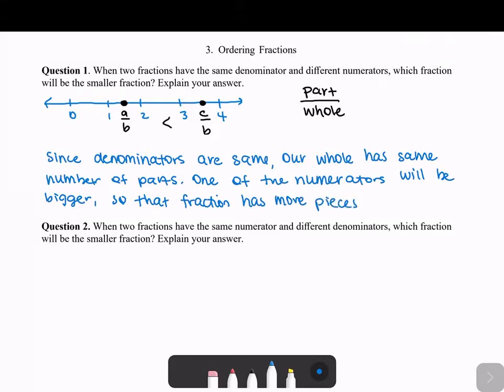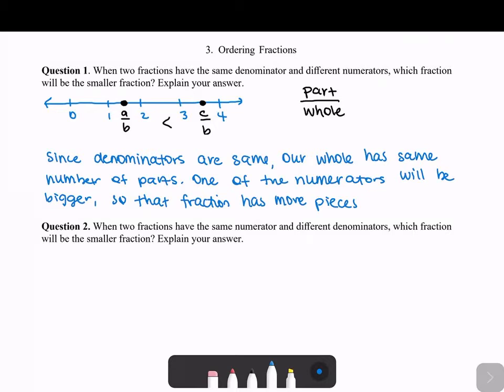If the denominators are the same, we can think about comparing two circles that both are divided into something like 4 quadrants. And we have a different number of quadrants in the two different fractions because one has a numerator that's bigger, that has more of those, and one has a numerator that's smaller, that has fewer of those different pieces.